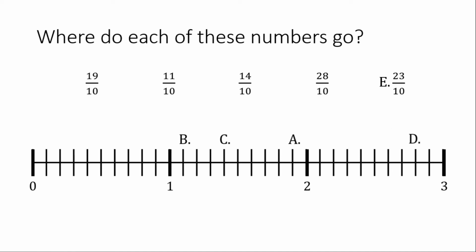And finally, fraction E. What digit is in front of the ones? 2. So we'll start at 2, and we'll count how many tenths? 3. 1, 2, 3. 2 3/10. So that's how we put improper fractions on a number line.